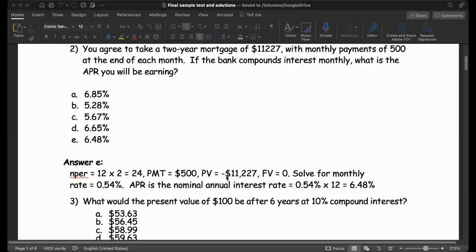So we have a negative sign for PV. For FV, after you pay off the balance after 2 years, the balance should be 0. So future value is 0. Then we compute for I, and we should get 0.54 as the monthly rate.